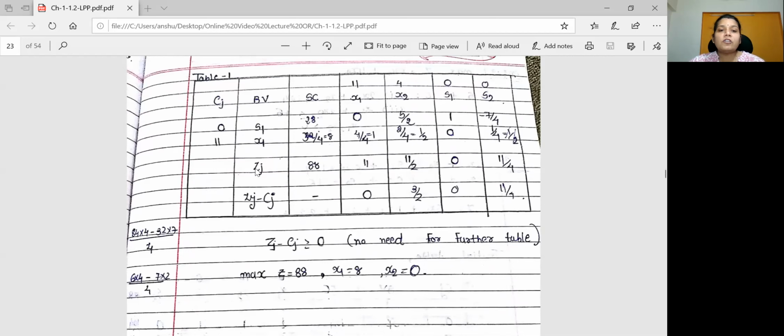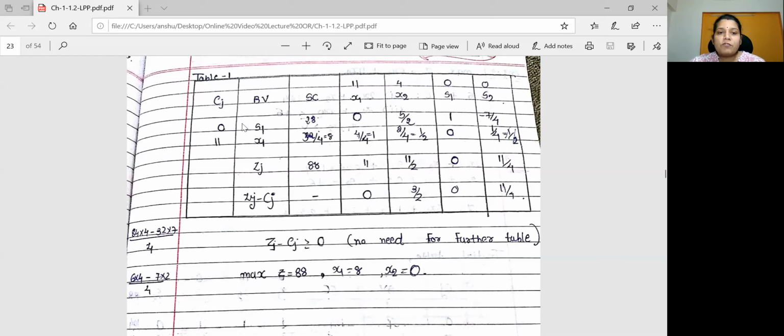Again we find the value of Zj. So what is the method? 28 into 0 plus 8 into 11, so we get 88. 0 into 0 plus 11 into 1, so we get again 11. 5 by 2 into 0 plus 1 by 2 into 11, so we get 11 by 2. 1 into 0 plus 0 into 11, we get 0.